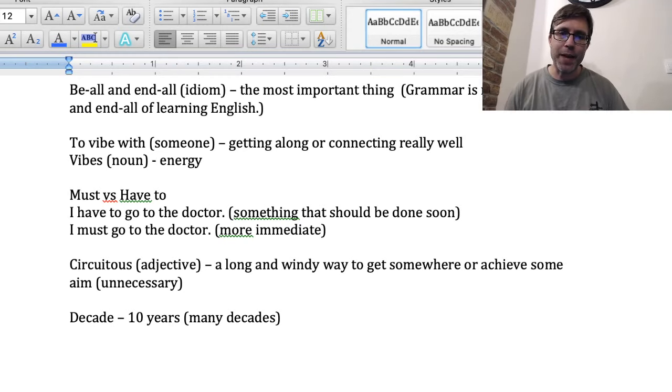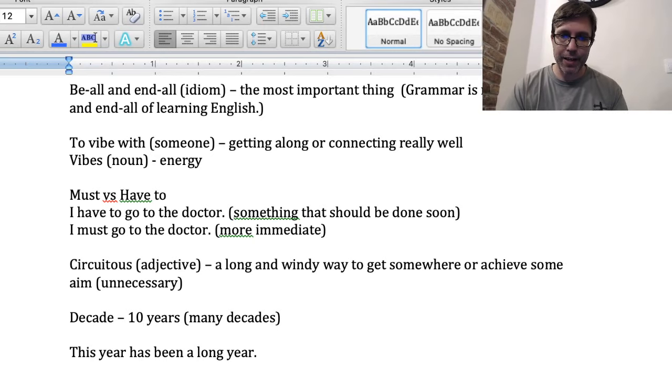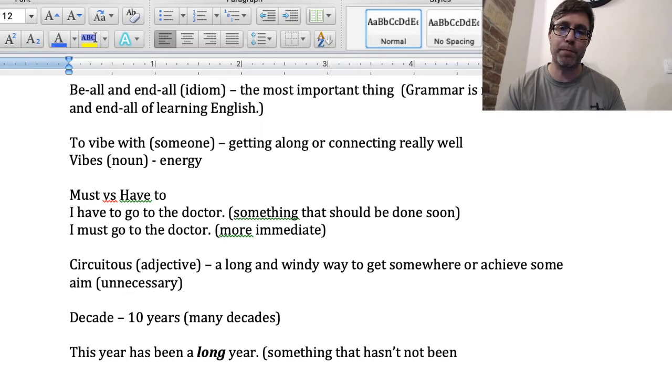And in that case, if somebody's talking about, say, 2020, this year has been a long year. They're referring to a year, the same amount of time. But if you're referring to it as a long year, it means something that has not been pleasurable.